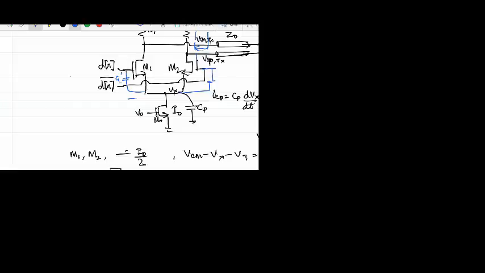All these currents at the Vx node should balance. Let's say your M1 gets cut off, Cp dVx by dt is one current, and M2 carries a current, let's say Ix. So I0 plus Cp dVx by dt should equal Ix.